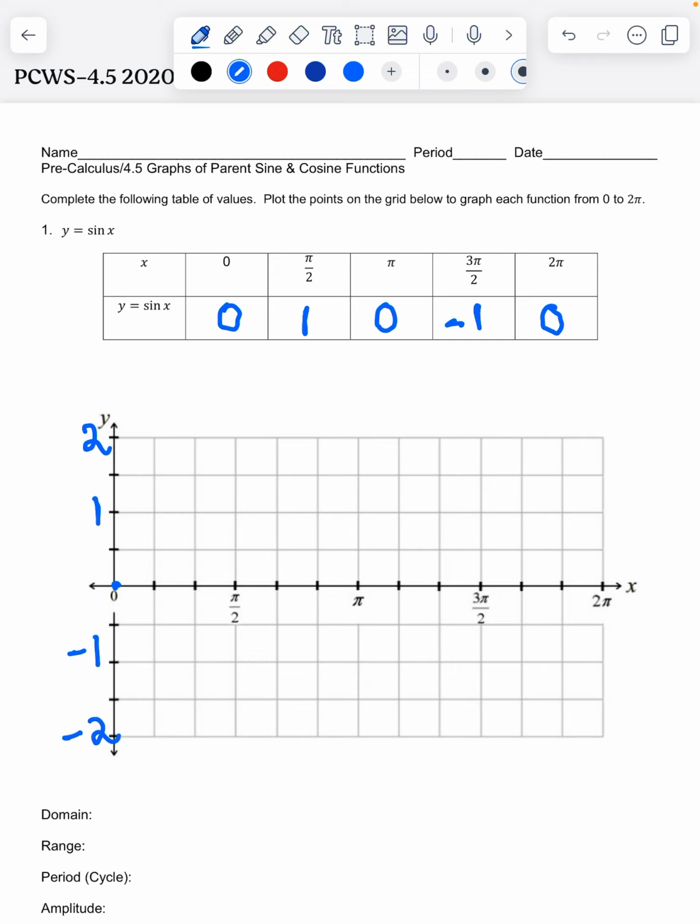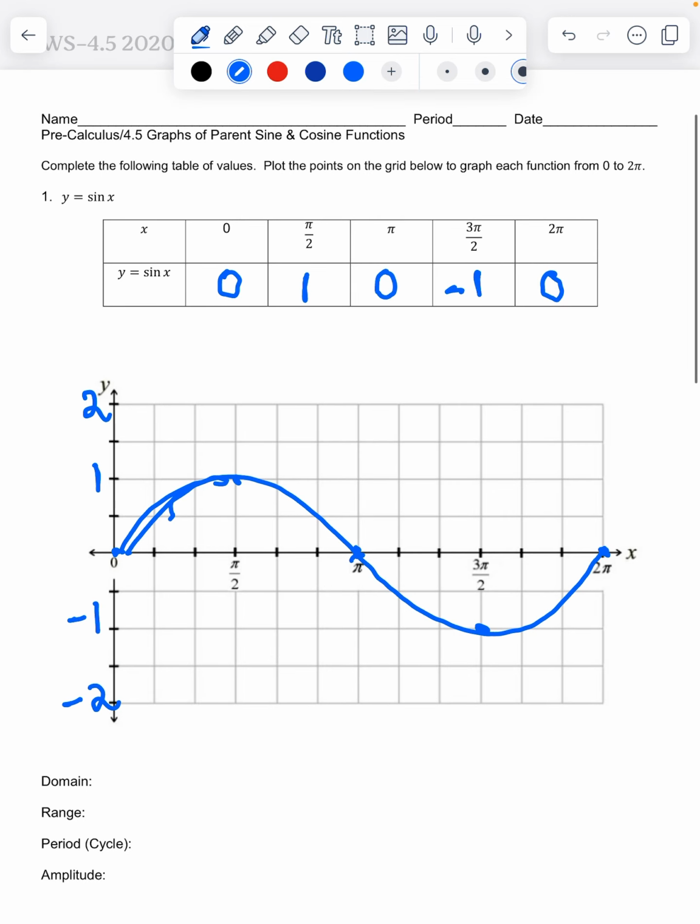So at pi over 2, we're at 1 for the sine function. At pi, we're at 0. At 3 pi over 2, -1. And at 2 pi, we're back at 0. And we want to draw a smooth curve like that for our sine function. That is one cycle or period of the sine curve.